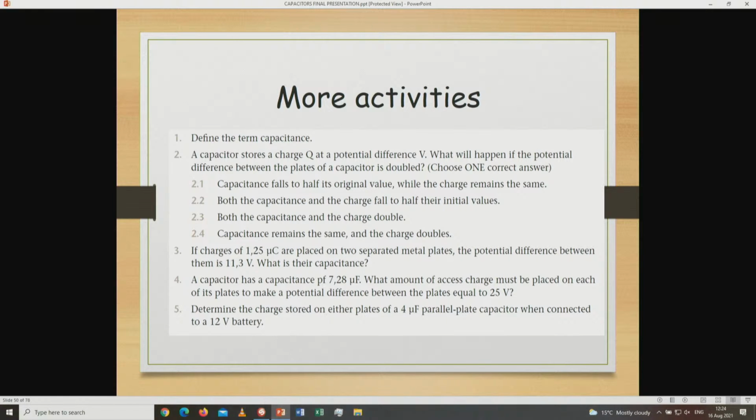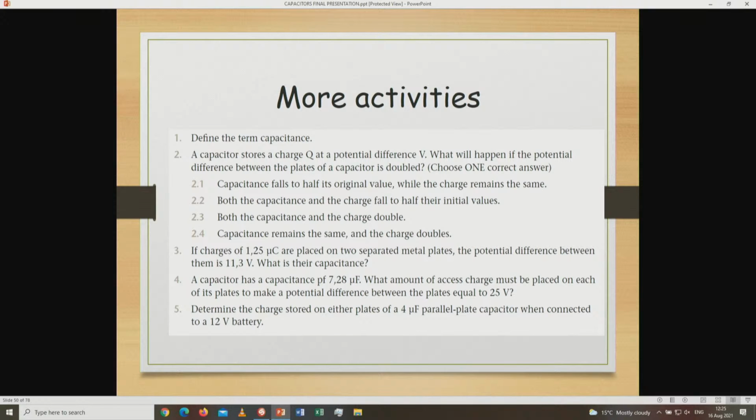Let us check the values. We are given the charge in microcoulombs, so we are going to substitute the charge as 1,25 times 10 to the power negative 6.